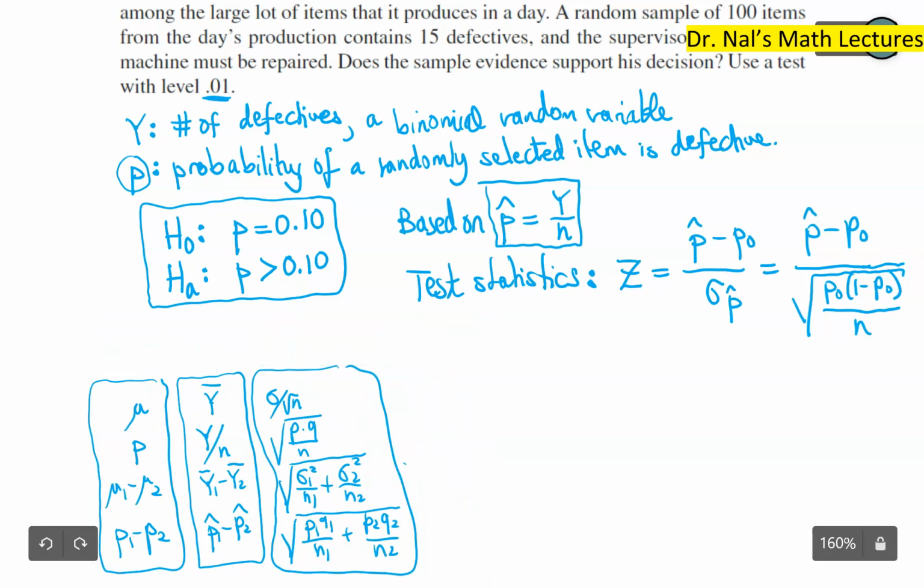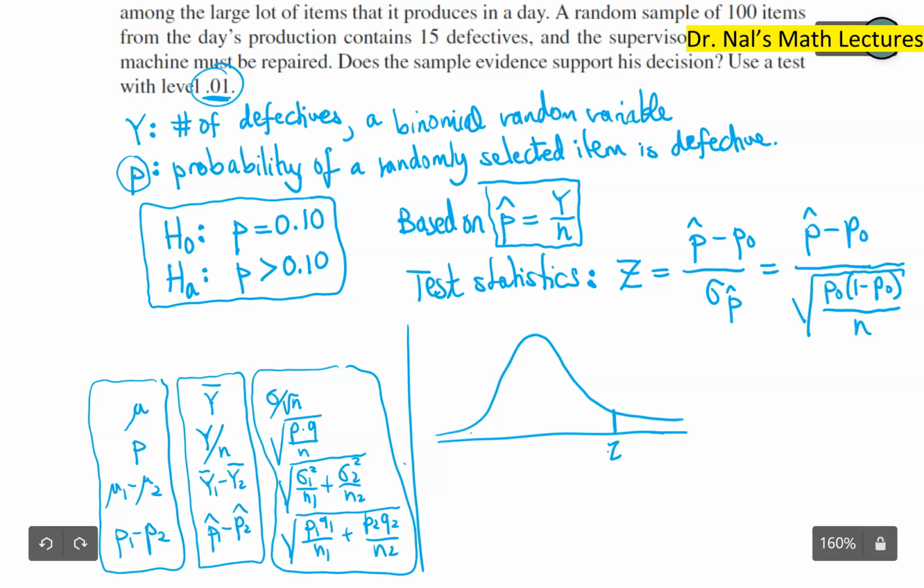Okay, good. Now that we have the given ingredients, we can calculate the z, right? Before the z, let's first check the significance level, which is 0.01. If you check the tables, we are looking at the upper tail.